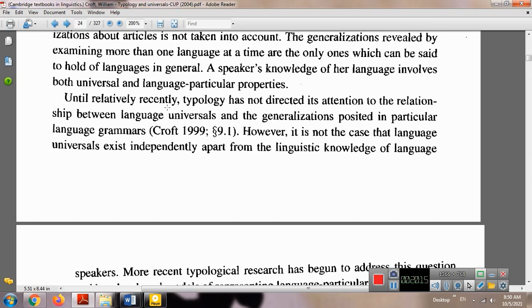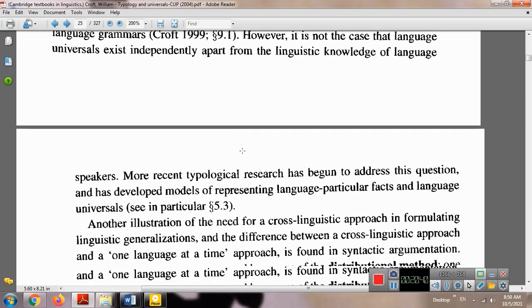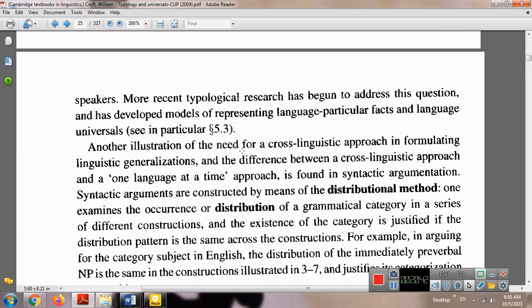Until relatively recently, typology has not directed its attention to the relationship between language universals and the generalizations posited in particular language grammars. However, it is not the case that language universals exist independently apart from the linguistic knowledge of language speakers.